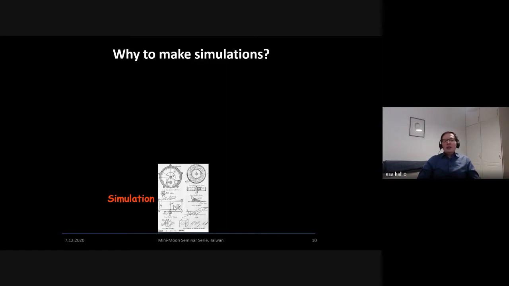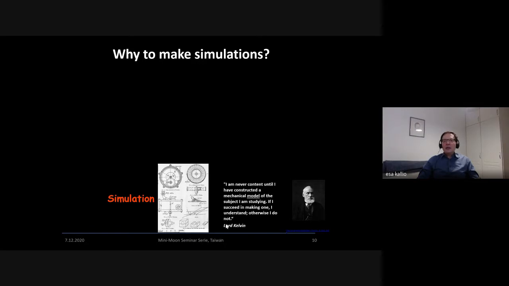So in the simulations, one way I would share is Lord Kelvin, William Thomson's feeling that making simulations or models is something with which you can test how well you really understand processes in nature. You might feel that you understand, but how can you really trust that you understand?